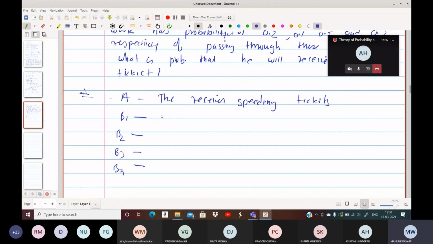Radar traps operated at location 4, it is given as 0.3. And the person who is speeding on his way to work has these probabilities given. Anyone can unmute and tell me what is B1, B2, B3, B4, and what should I take as the conditional probability?